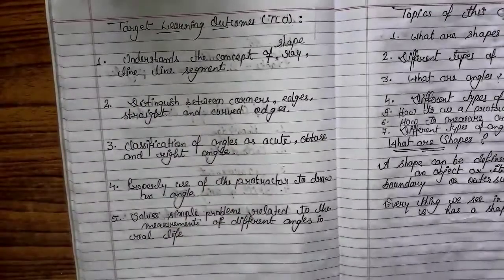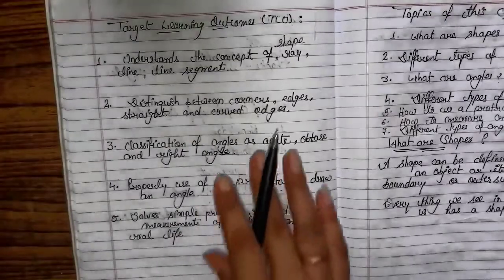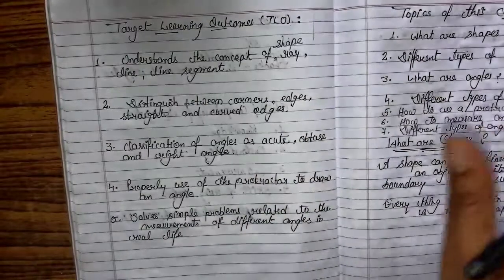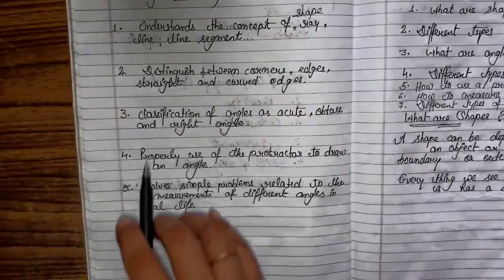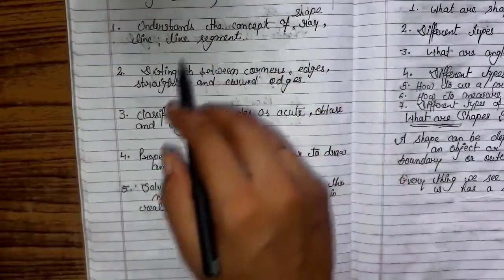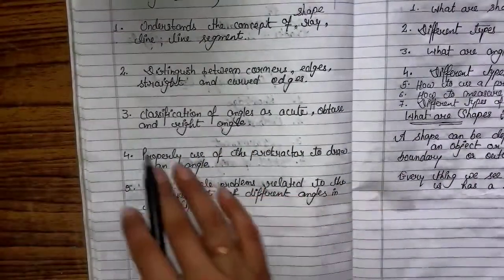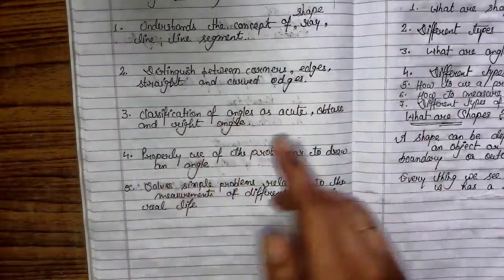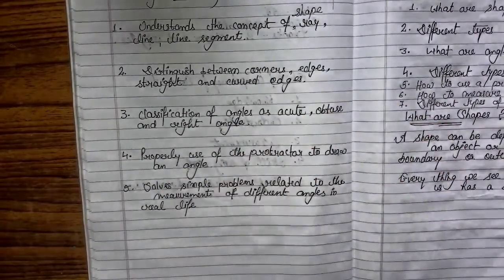Next is the target learning outcomes from this chapter. First, after learning this chapter, students can understand the concept of shape, ray, line and line segment. Next, they can also distinguish between corners, edges, straight and curved edges. And they can also classify angles as acute, obtuse and right angle.